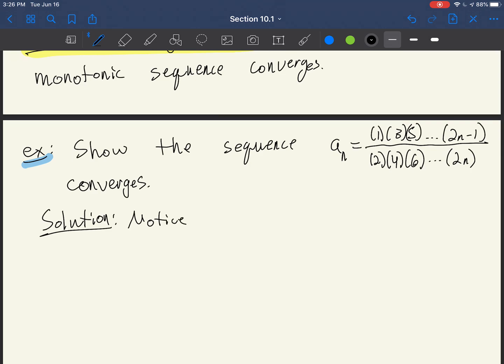So notice that a_n is just (2n minus 1) divided by 2n times a_{n-1}. We can recursively define this sequence where if you want to get to the next term, you just multiply by this extra (2n minus 1) over 2n term.